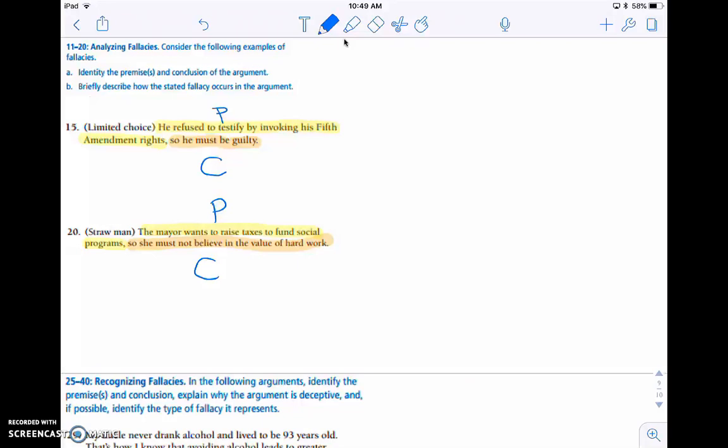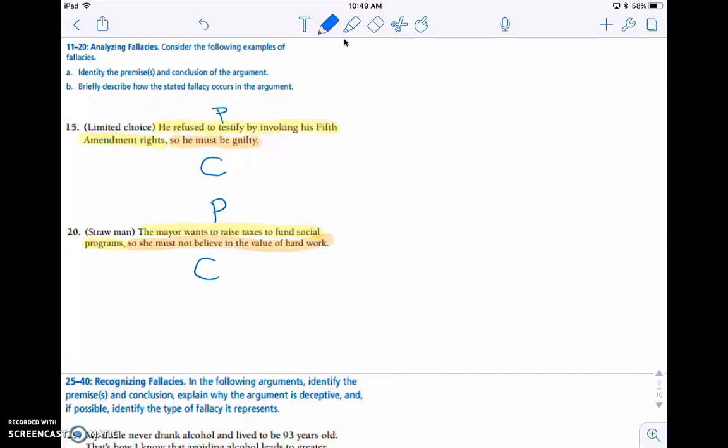So we go from social programs to someone not believing in hard work. What they're trying to do is distort your view of the mayor by fooling you into this conclusion. We start with this and we end with something that's really not true, and really not even looking at the premise that was given.